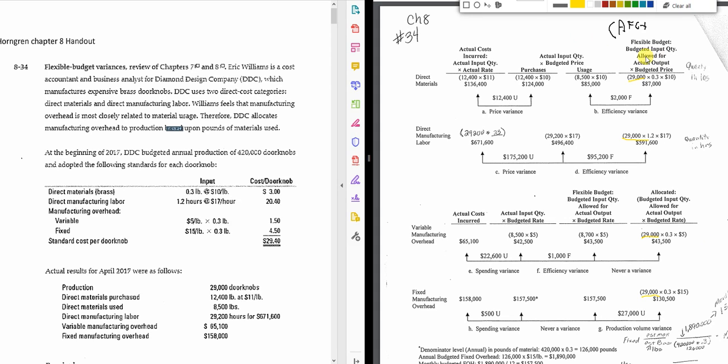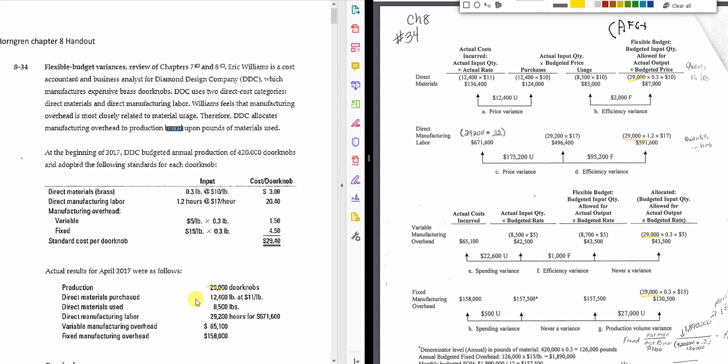So this is standard quantity allowed times standard price. So right now it's 29,000, 29,000, 29,000, 29,000. Except in rare cases where you don't have that information or they give it to you differently, for the most part, if you always think you have to get that, you probably won't go wrong. Okay, so I'm done with that.